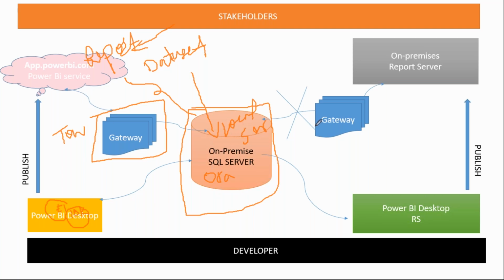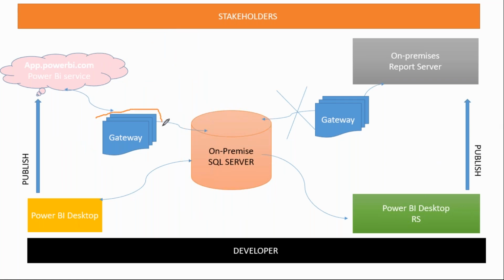Now, in order to have a connection between these two, we'll configure gateways. It's like a tower. What it does, it will take input from users, and it will validate through the gateway.